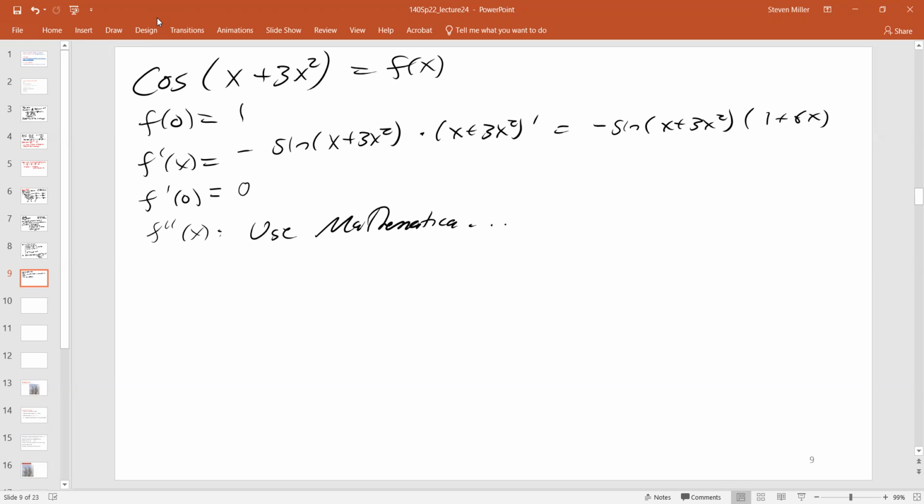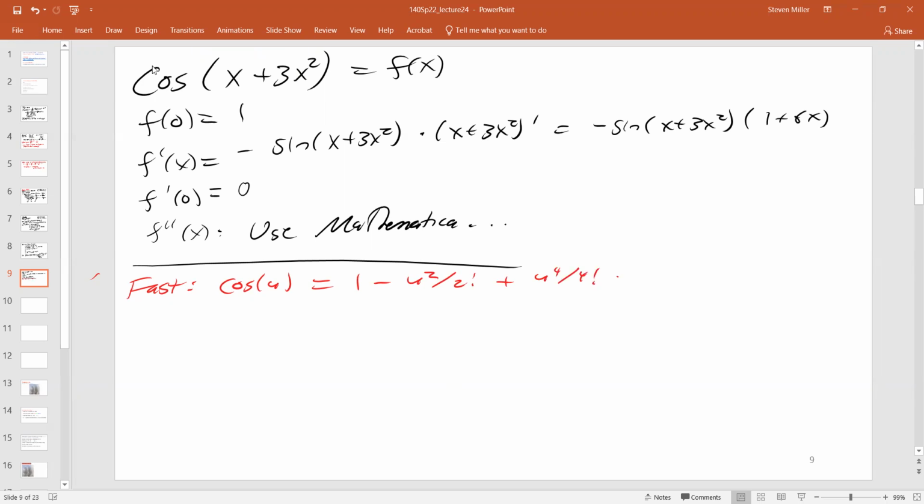For the second derivative, we could do this, but it's not going to be a product rule. And as we keep taking more and more derivatives, it's going to become more and more involved. And we have no desire to do this. Now we know, here's the fast way. The cosine of u is 1 minus u squared over 2 factorial plus u to the 4th over 4 factorial minus u to the 6th over 6 factorial.